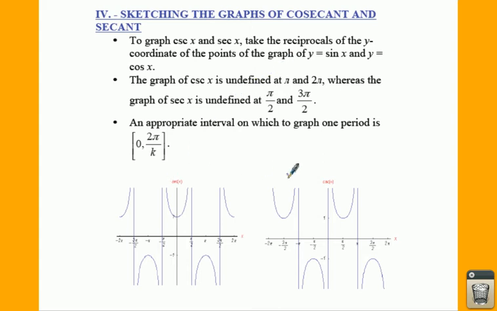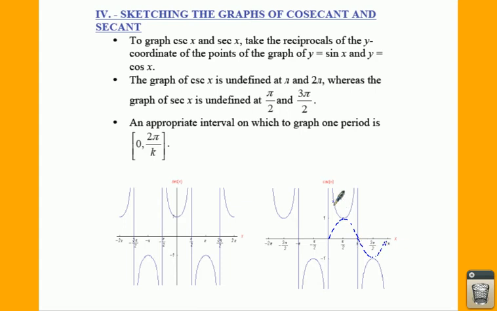So if you look down here at the cosecant, if you take the reciprocal of 1, you're just going to have a 1. But if you were to plot a sine curve in here, so go down through here, come back up, and look like that.